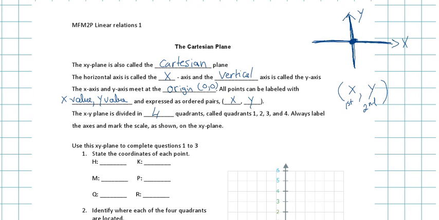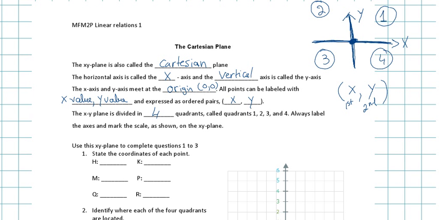Quadrant 1, and we move counterclockwise, which means this is going to be quadrant 2, this is going to be quadrant 3, and this is going to be quadrant 4. Quadrants will never change. They'll always be this way.